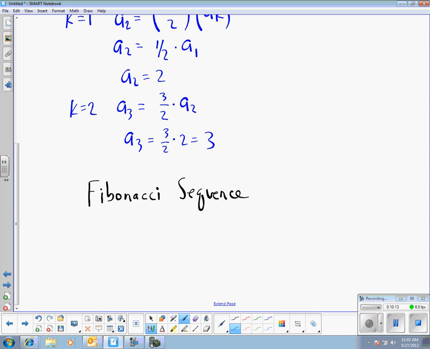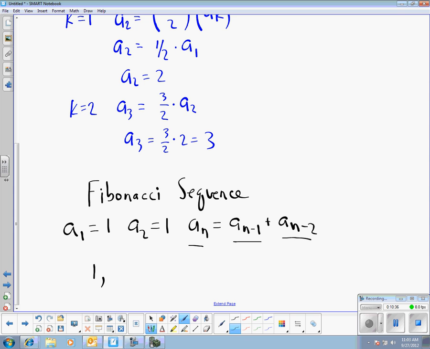Okay, and the Fibonacci sequence is defined as A1 is 1, A2 is 1, and AN is equal to AN minus 1 plus AN minus 2. So the current term is equal to the previous term plus the term that was 2 terms ago.